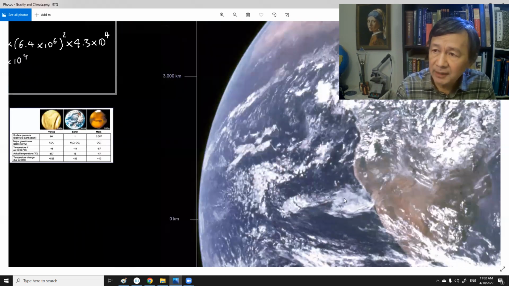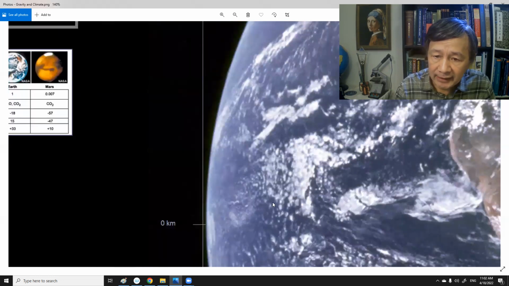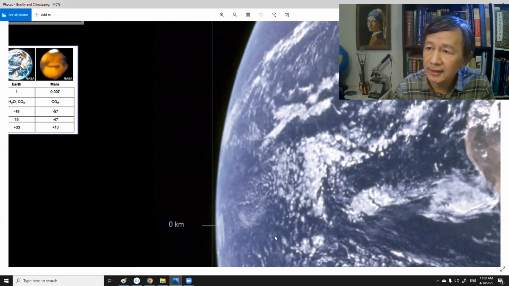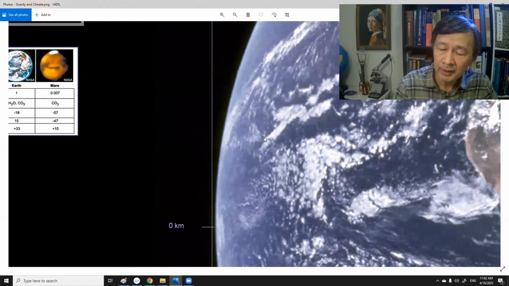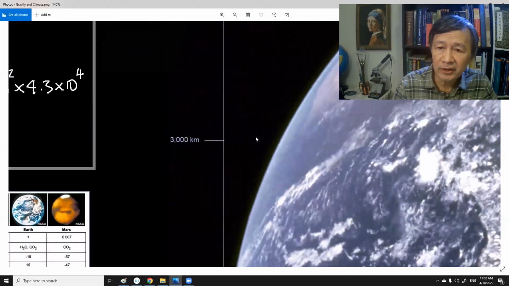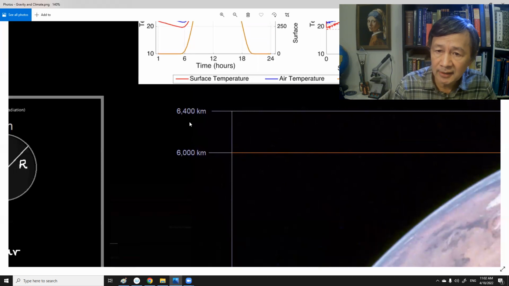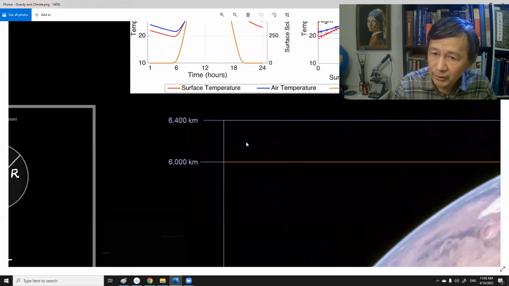This scale is based on the fact that the radius of the Earth is 6,400 kilometers. Using this scale, I can draw this 6,400 kilometers, and this interval represents 400 kilometers.